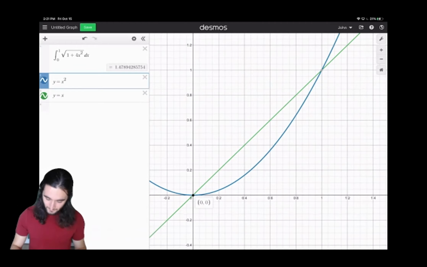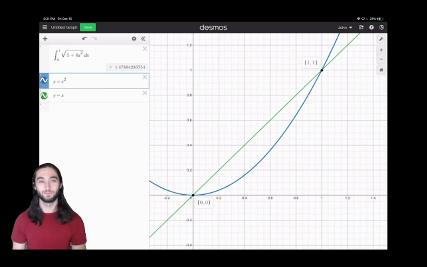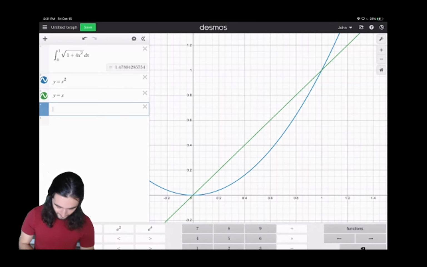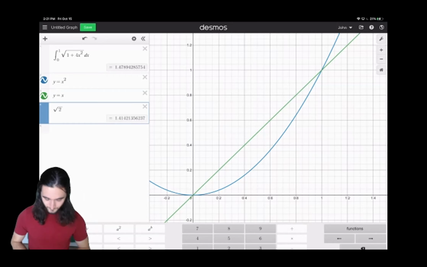So between here and here, the lengths of those two curves, it turns out that the green one is the square root of 2, 1.414. But the blue one is that number there, 1.478. So the other one worked out to be the square root of 2, right? So that's the green distance versus the blue distance.